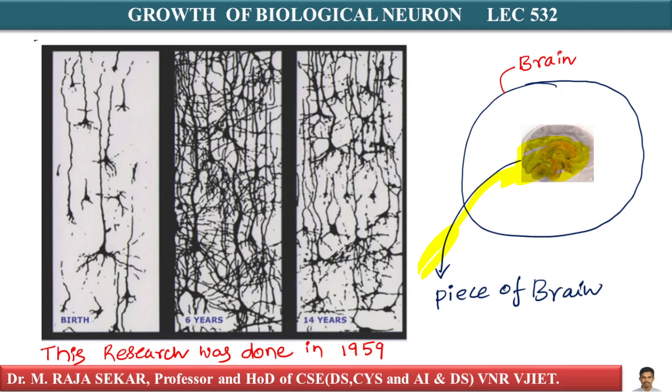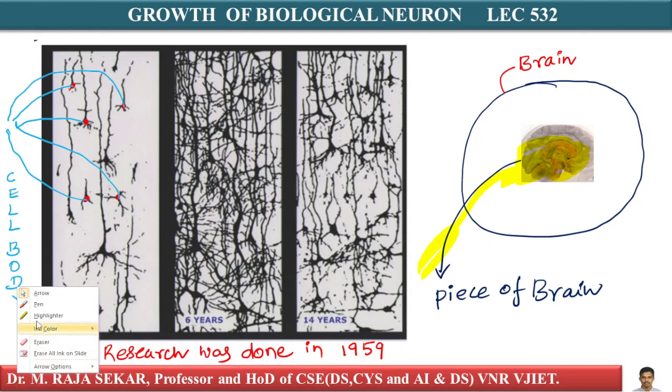When a kid is at birth, there are some neurons. These are the cell bodies at birth. This is a cell body, this is a cell body, all these are cell bodies.